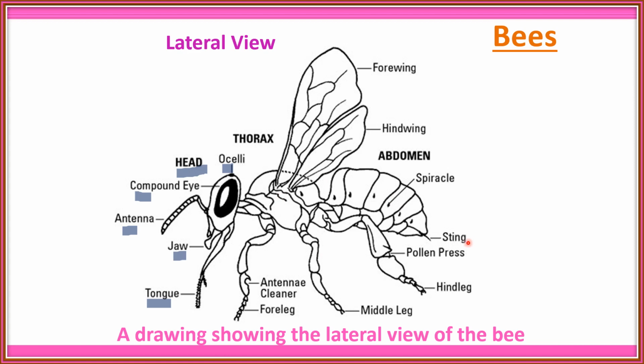Then it has different legs. It has the foreleg with antennal cleaners, the middle leg, and then the hind leg. The hind leg has different parts, where we have the pollen press on the hind leg.